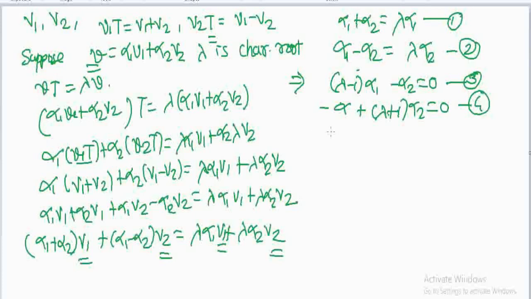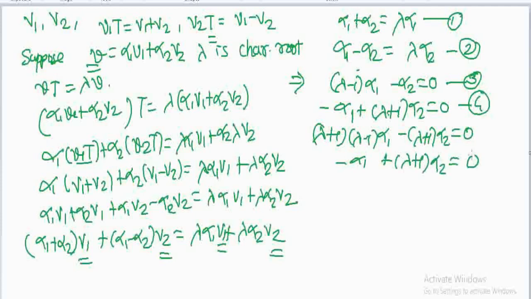Solving this now: lambda plus 1 into lambda minus 1 into alpha 1 minus lambda plus 1 into alpha 2 equal to 0. Here minus alpha 1 plus lambda plus 1 into alpha 2 equal to 0. Okay, let us add this.